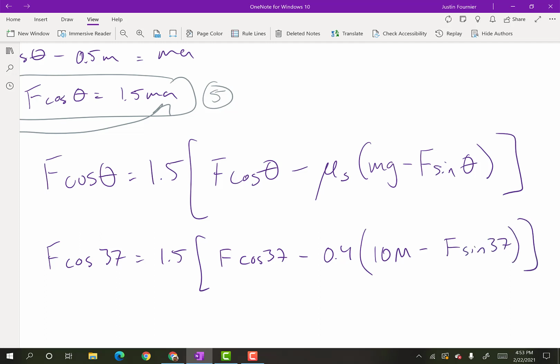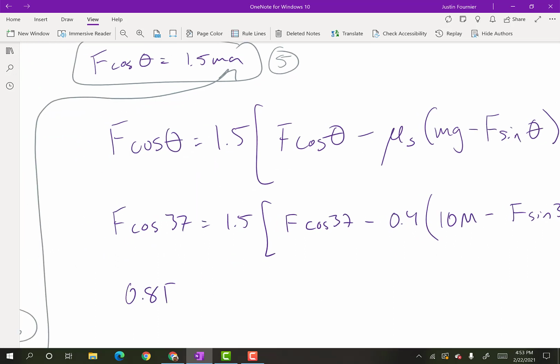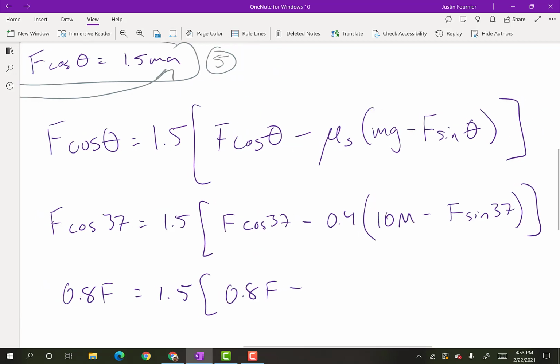So there's all that. Cosine of 37 is 0.8. So this is going to be 0.8F equals 1.5, and then 0.8F minus 0.4 times 10m minus sine of 37 is 0.6F.